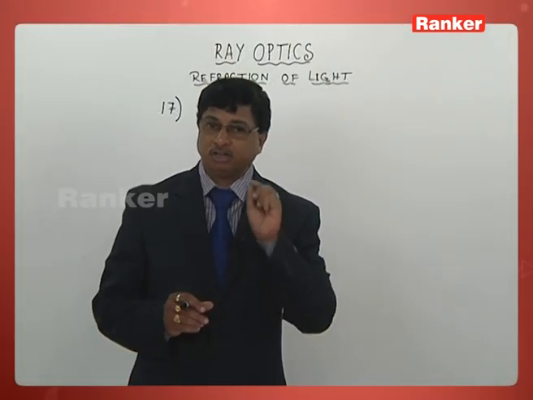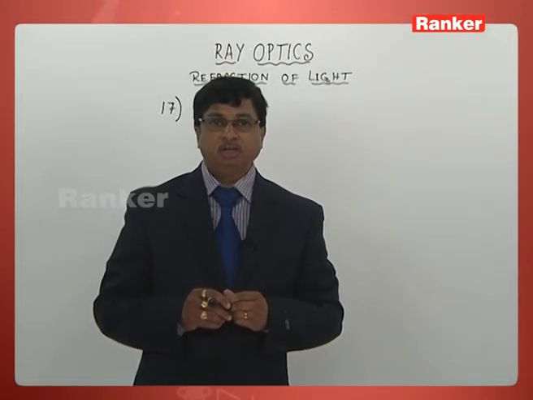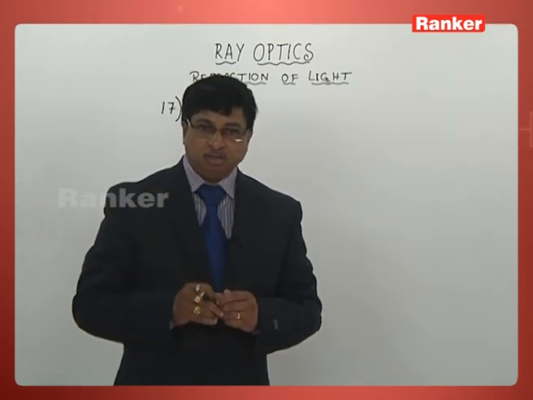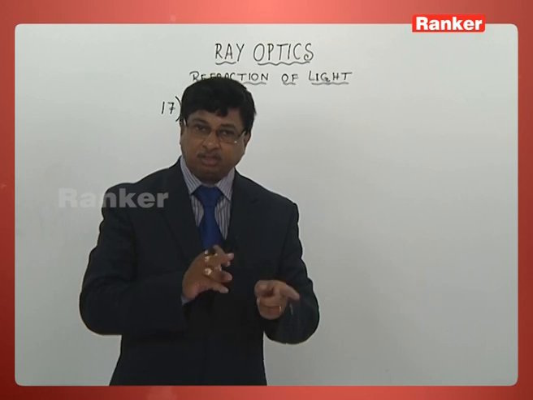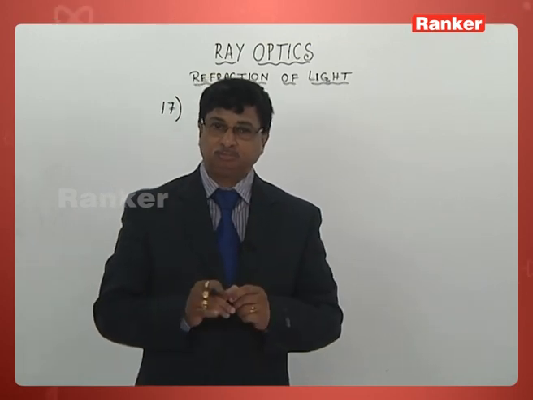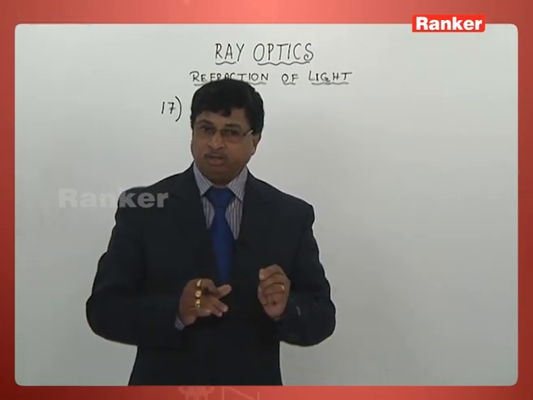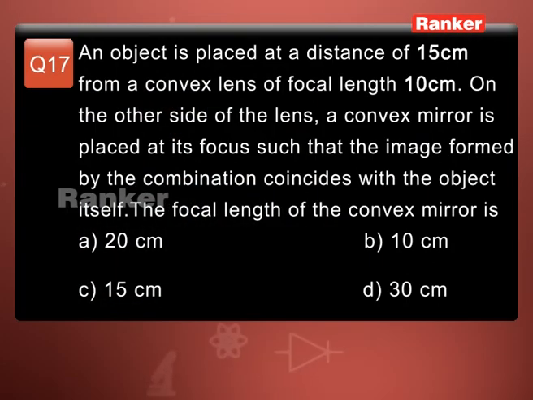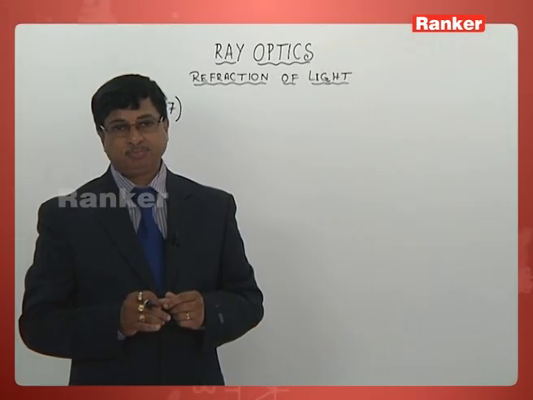That is the condition he is mentioning in the problem. The final image formed by the combination is coinciding with the object itself. Then what is the question he is asking? The question is, the focal length of the convex mirror is how much?